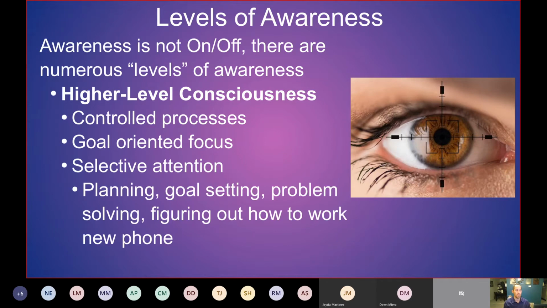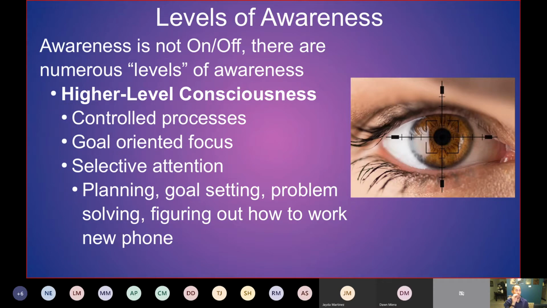We've talked about selective attention, planning, figuring out how to work, say, a new phone. A phone's actually a really good example for a lot of things we've talked about for neurology. So just the other day, I had an Android update on my phone, and now I have to attend to it a lot more because the old gestures that I was using aren't exactly the same anymore.